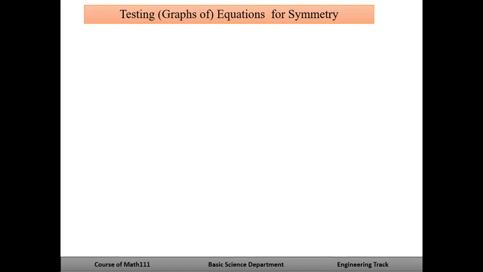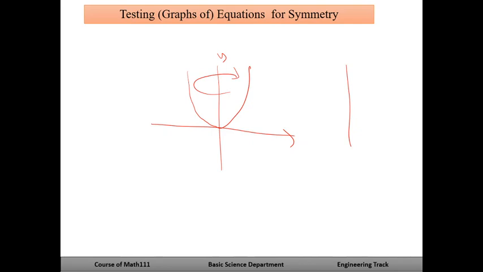Now we will see how to test the equations for symmetry. You know, if the graph is given to us, then it's easy to check the symmetries. Like for example, this is symmetric with respect to the y-axis, and this is symmetric with respect to the x-axis. So you can check them if you have the graph.